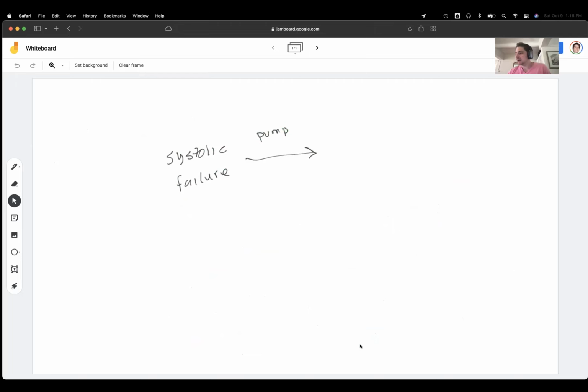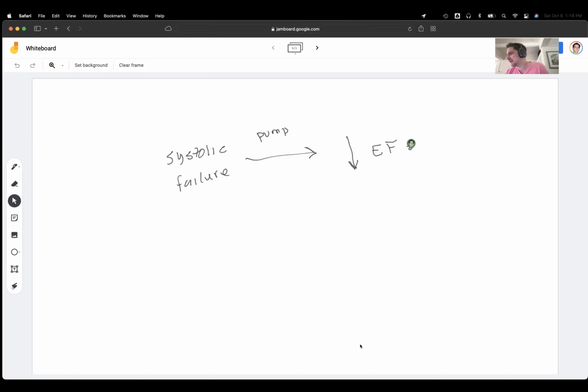Can we get adequate blood out of the ventricle? Well, no, because the pump's not working right. So in systolic failure, you're going to get a decreased ejection fraction, right? Ejection fraction is the fraction of blood that gets out of the ventricle compared to what was in there before, in diastolic volume.